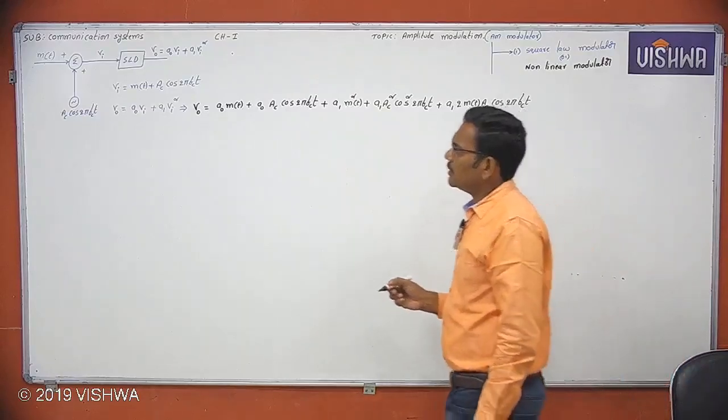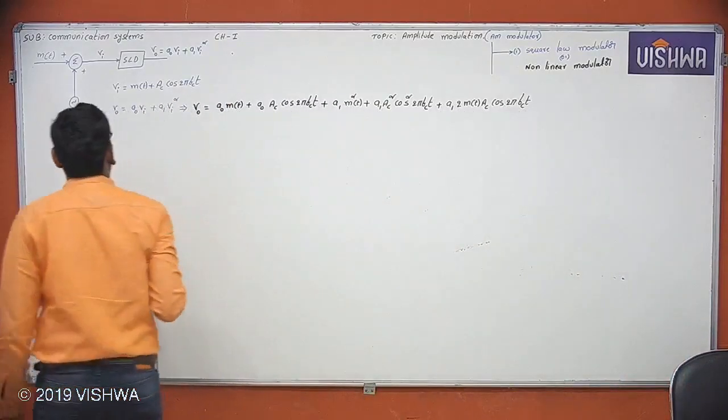Right? This is the output of the square law device V naught.